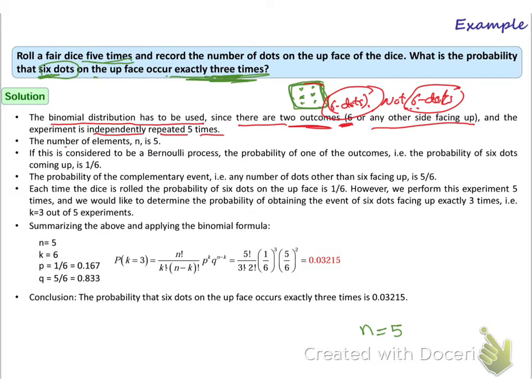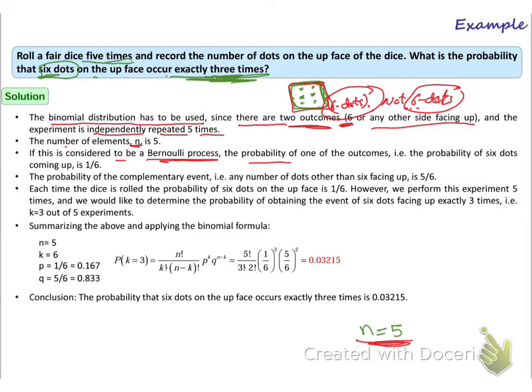The number of elements in this case will be n, as we rightly mentioned here, because he has to repeat the experiment, the number of trials, 5 times, so n equals 5. If this is considered a Bernoulli process, what is the probability of one of the outcomes? 6 is one face out of 6 faces.